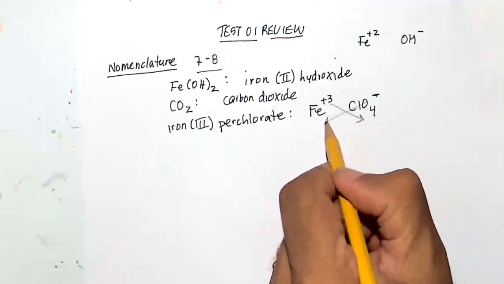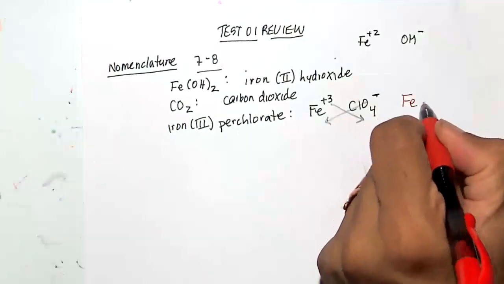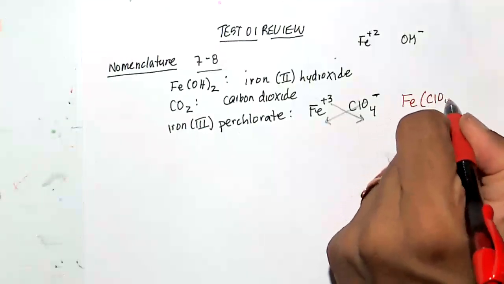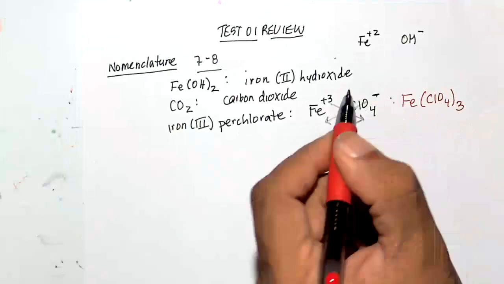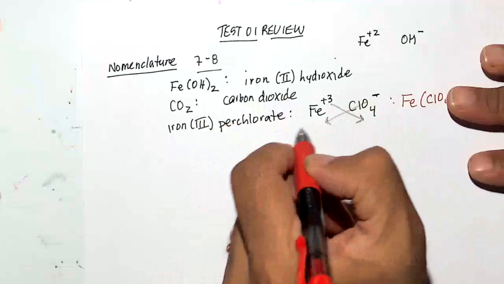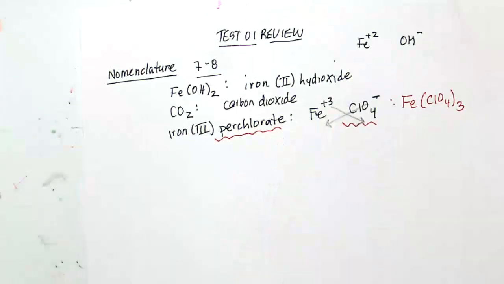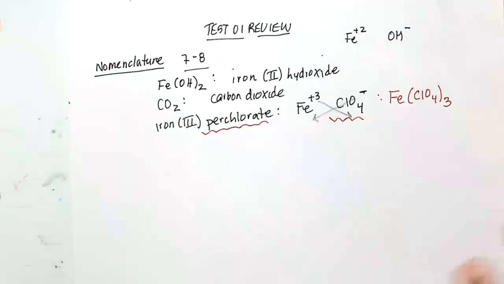So the 3 goes here, the 1 and the minus goes there, so this is what you want to write on your test. Don't forget the parentheses, because the ClO4 minus, called perchlorate, is the whole thing. So when you do the switcheroo, the whole thing gets the 3.